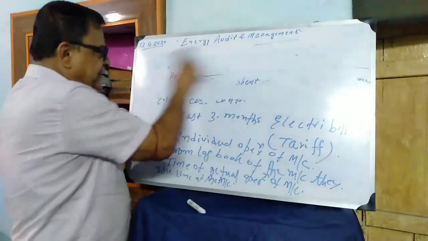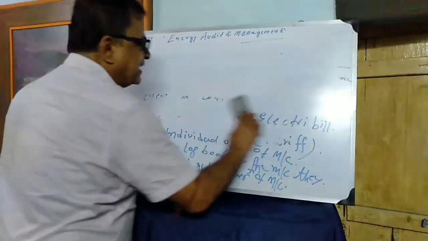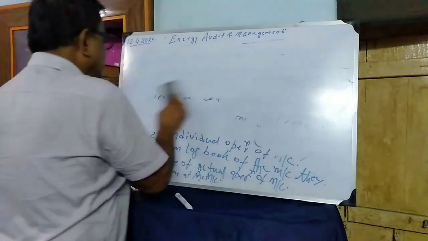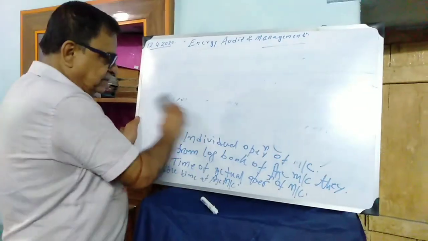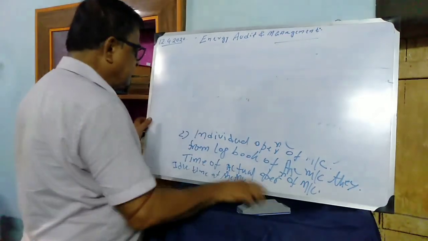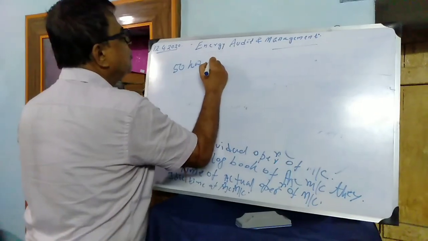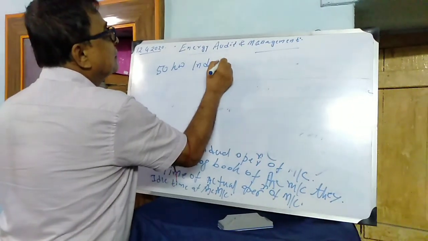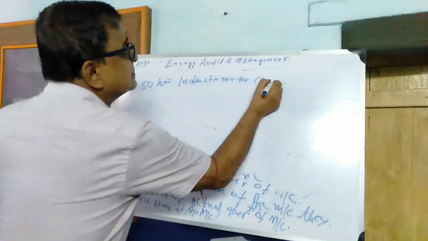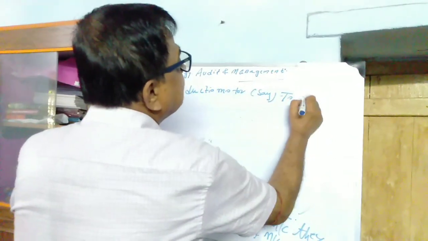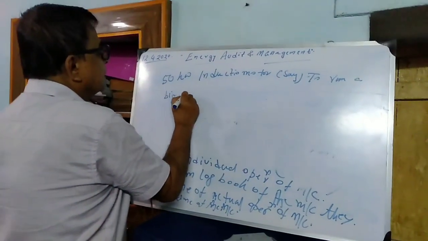Now say, as one example, one big machine has a 50 kilowatt induction motor to operate it.